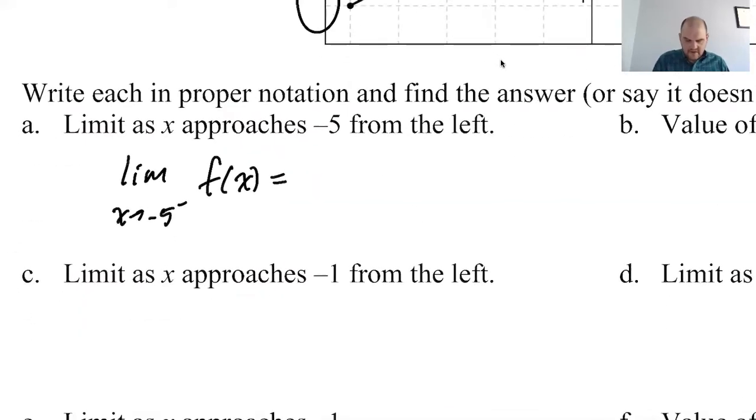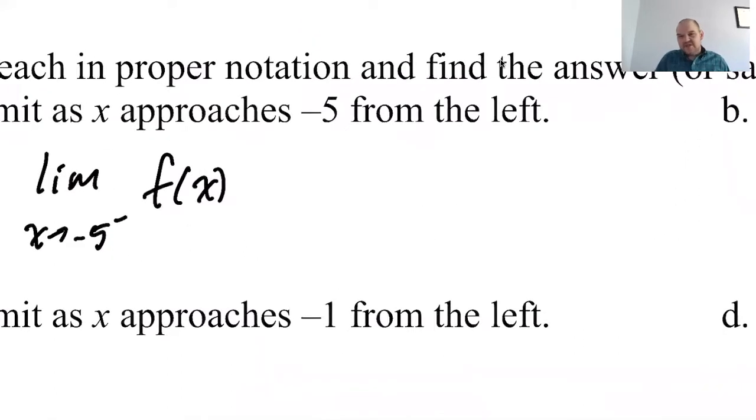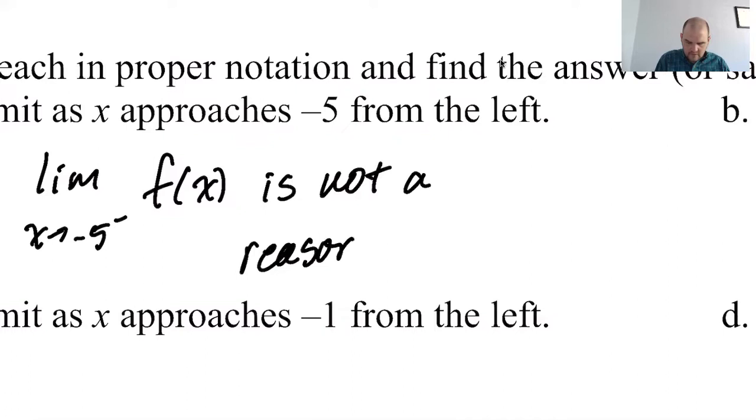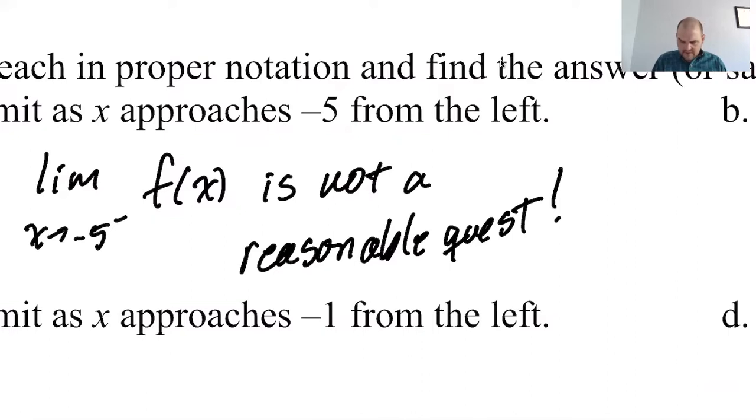So I'm going to erase the equals, and I'm going to say it is not a reasonable question because of the domain, right? So it's not possible to approach -5 from the left.